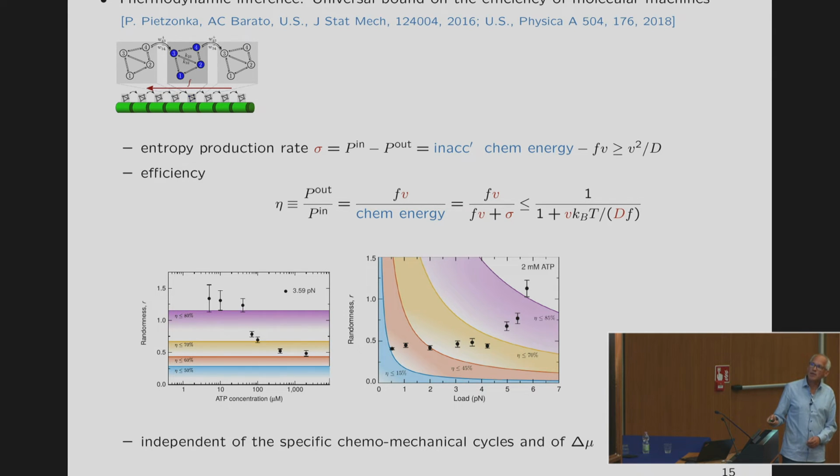No more than, so at this very weak load, it's no more than 15%. The upper right corner is forbidden. 80% is a weak bound. Yeah. Maybe 100% is a very weak bound. A rather weak bound.